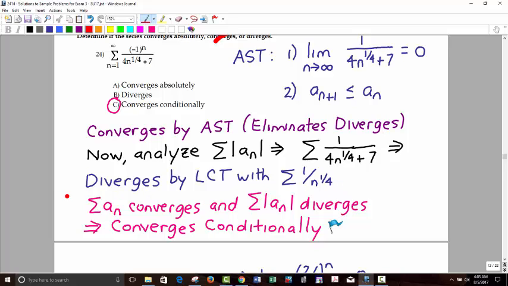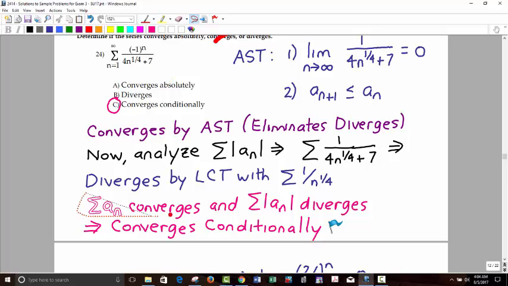So let's see what we got here. The original series with the negative converged, but the absolute value, meaning getting rid of the negative, diverged. That's called converged conditionally.